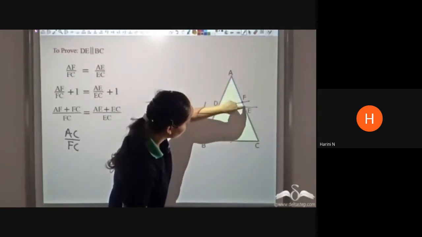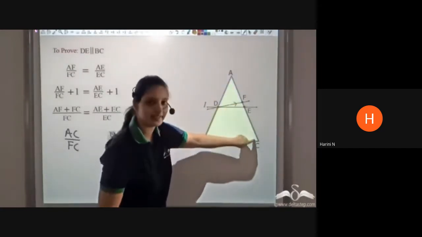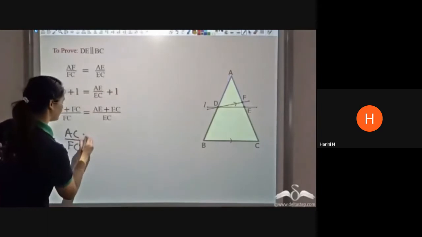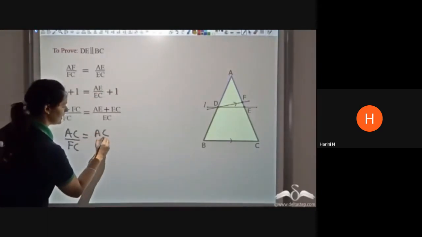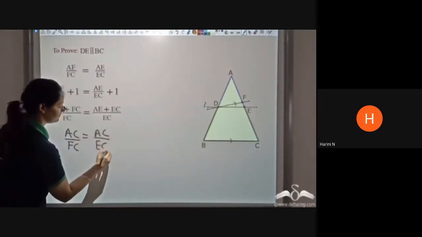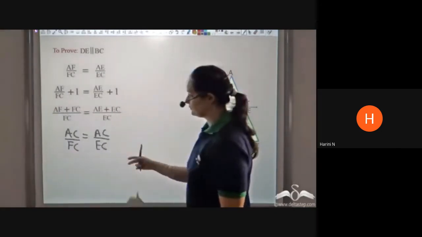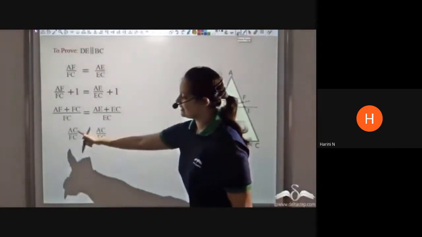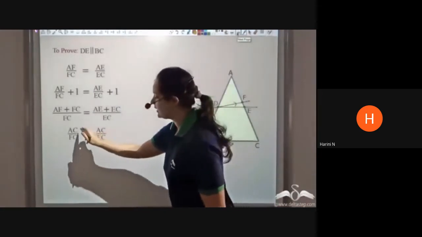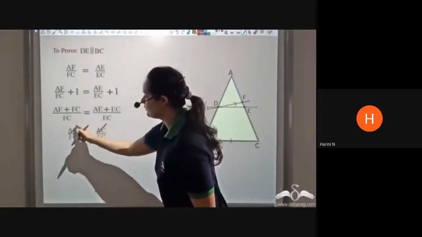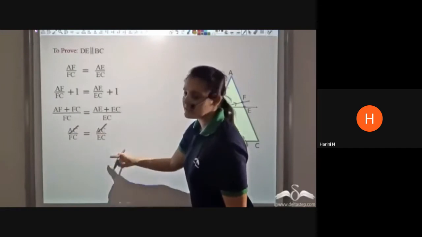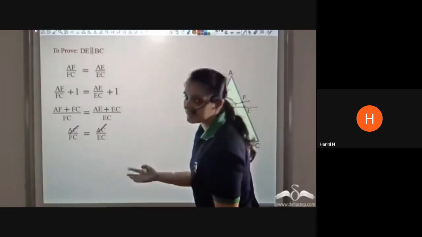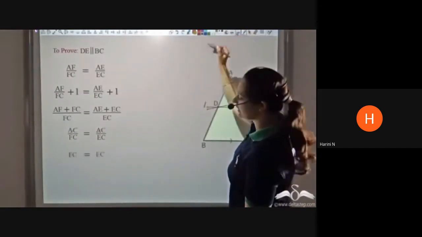AE plus EC is again this line AC. So I get this is equal to AC by EC. Now since AC is the same on both sides, I can say 1 upon FC is equal to 1 upon EC, or taking reciprocal, that FC and EC are the same.